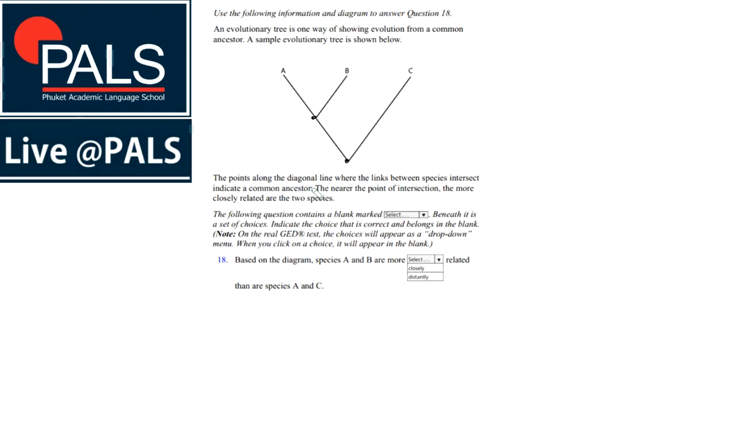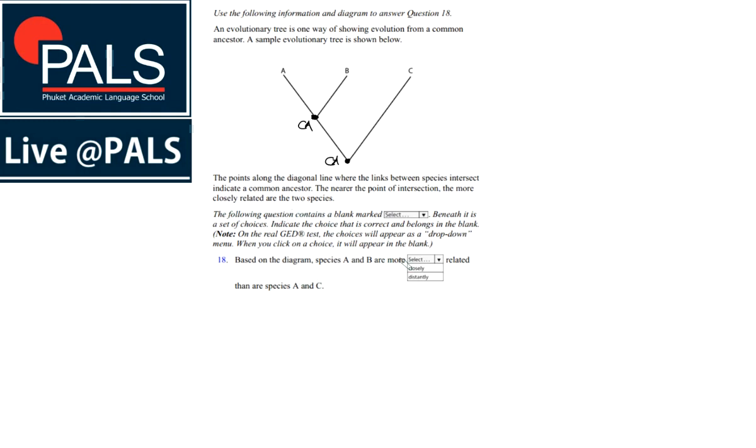The points along the diagonal line where the links between species intersect indicate a common ancestor. That's what I just marked here. So where the lines intersect, here we have a common ancestor, and here we have a common ancestor as well.